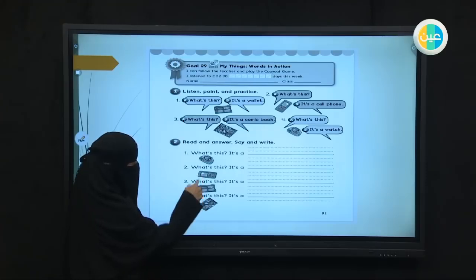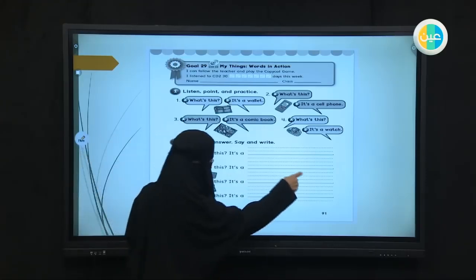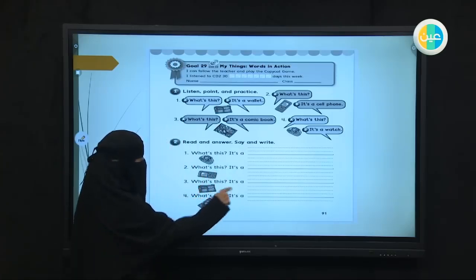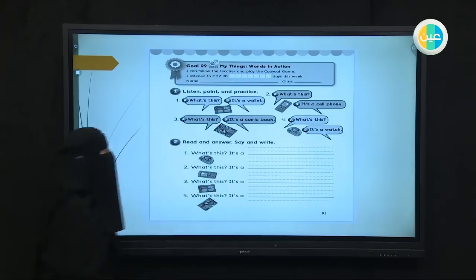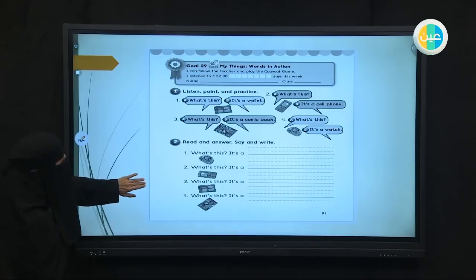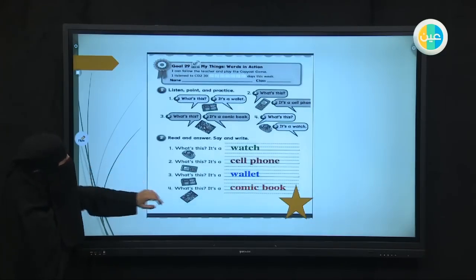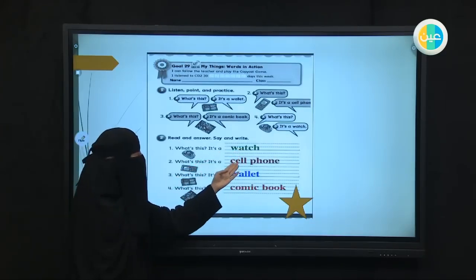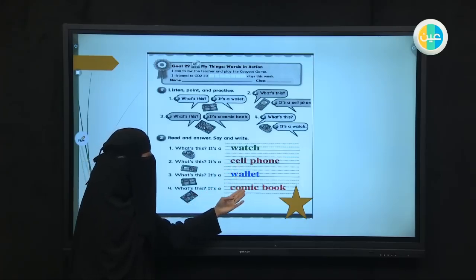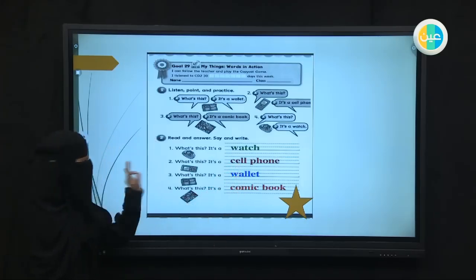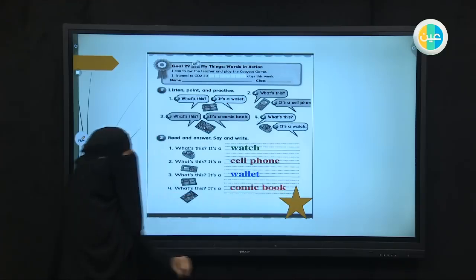It's a, what did we say? This is the one you put your money in. A wallet. Very good. What's this? It's a comic. Excellent. When you finish, your answer should look like this. So you're going to write watch, cell phone, wallet, and comic book. If you did this good, you deserve a star.